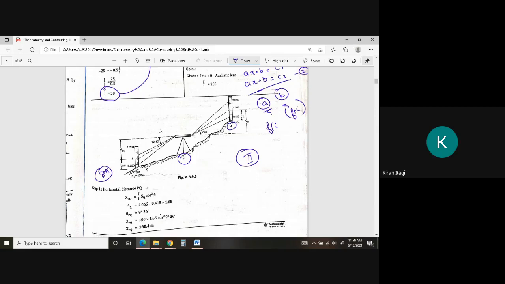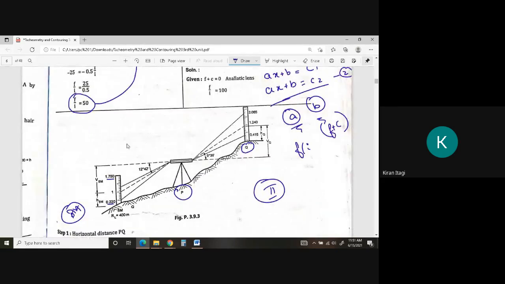See, at the benchmark we have taken the readings. Bottom hair reading is how much? 0.220. Top hair reading is 1.78, and middle hair reading is 1. Similarly at station Q, top hair reading is how much? 2.065, and middle is 1.240, and bottom is 0.415.